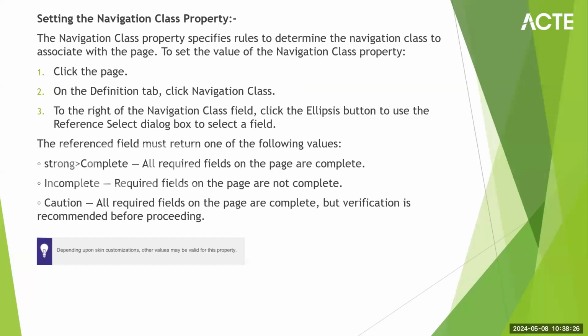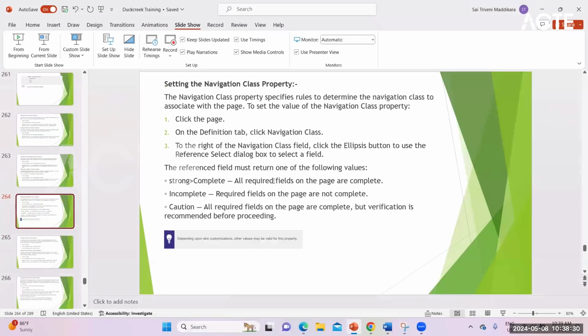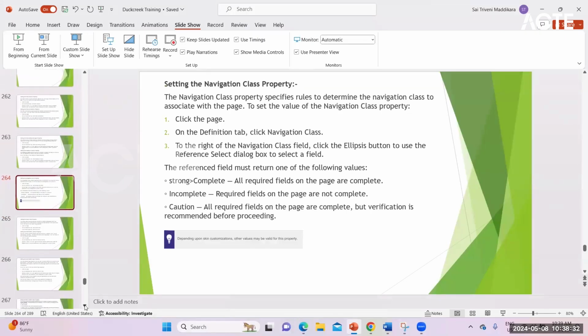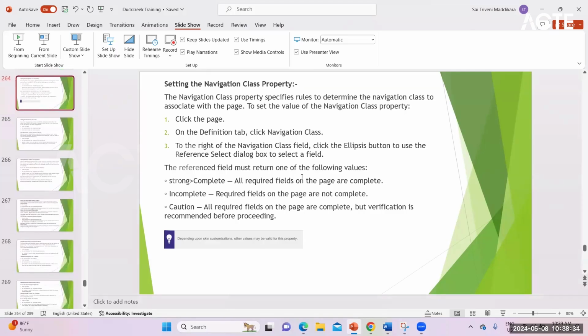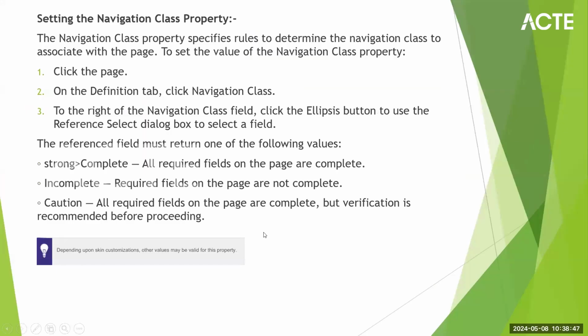Setting the navigation class property. The navigation class property specifies the rule to determine the navigation class associated with the page. Navigation, in the sense of moving from one screen to another screen. How do you set it?